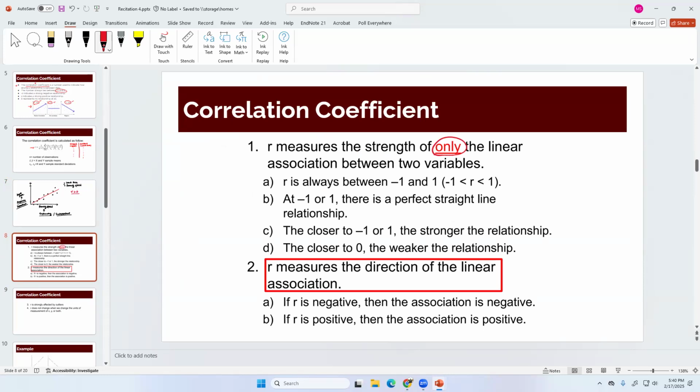So if I give you a plot like this, I think we've discussed this. Let's say you have a plot like this, okay?